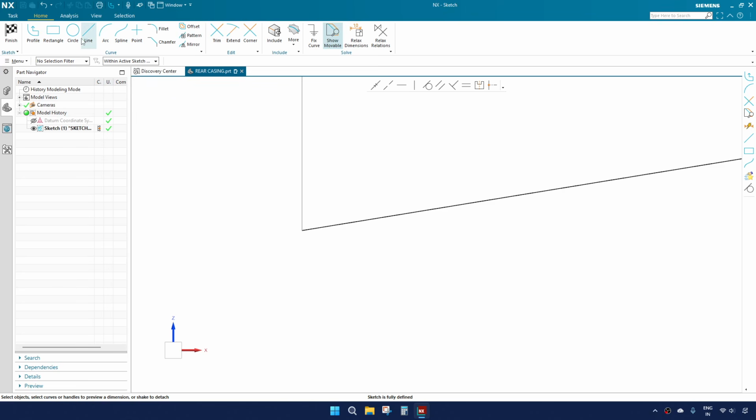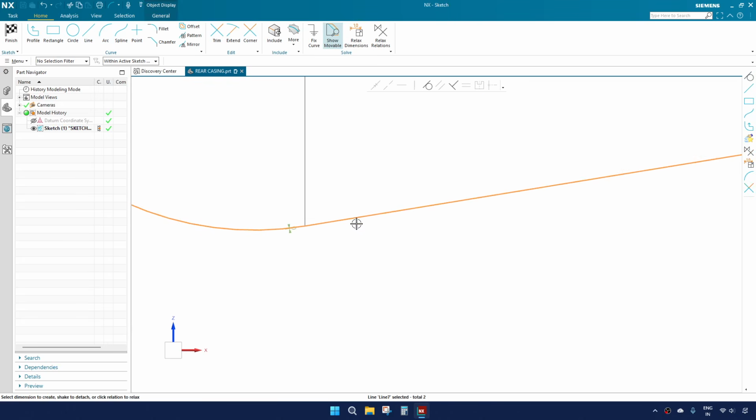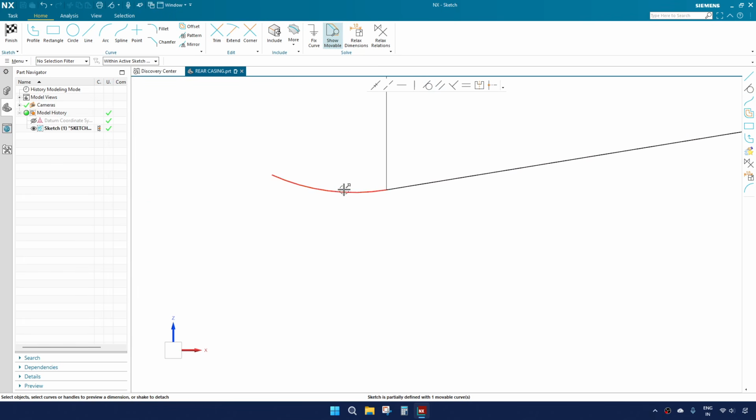From here, take a 3-point arc. Make these two tangential. And the radius of the arc is 75.